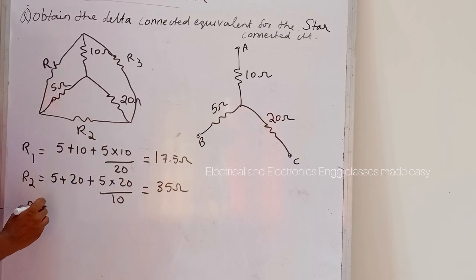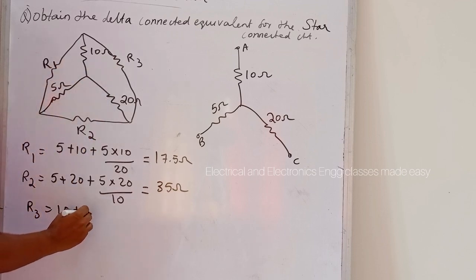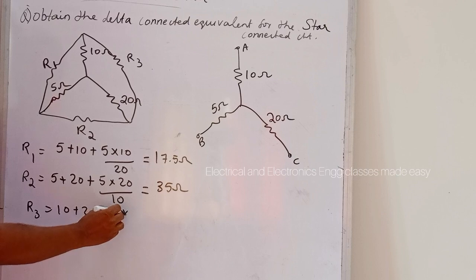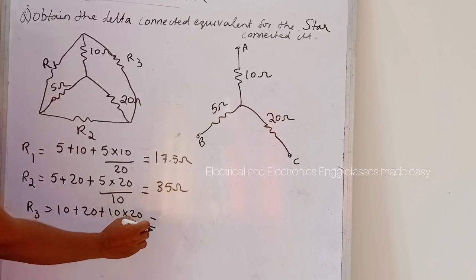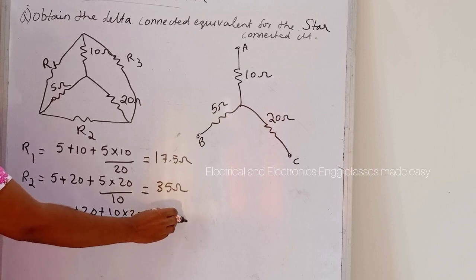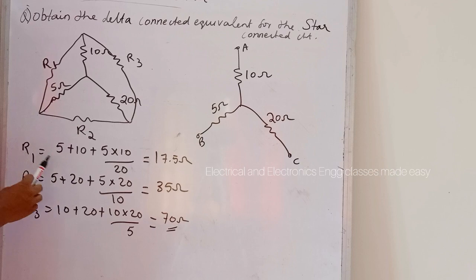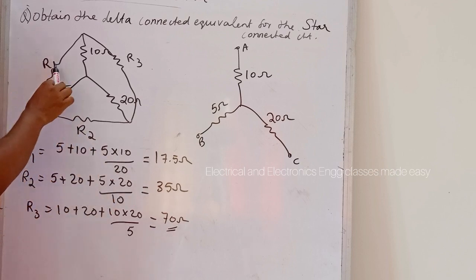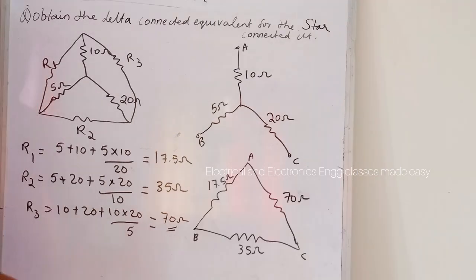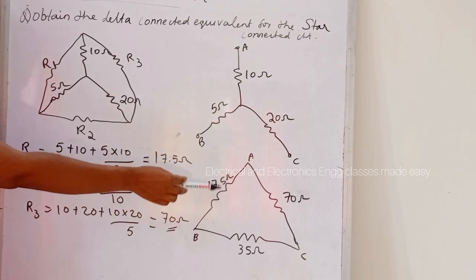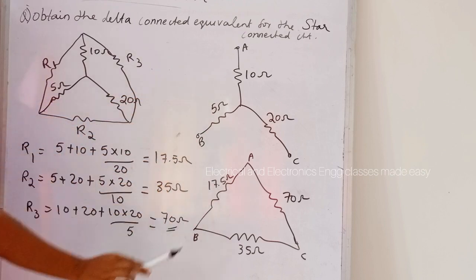Then R3. R3 is 10 plus 20 plus 10 into 20 divided by 5, and that is equal to 70 ohms. So these are the equivalent resistances in the delta connected circuit. So this is the equivalent delta connected circuit for the star connected circuit.